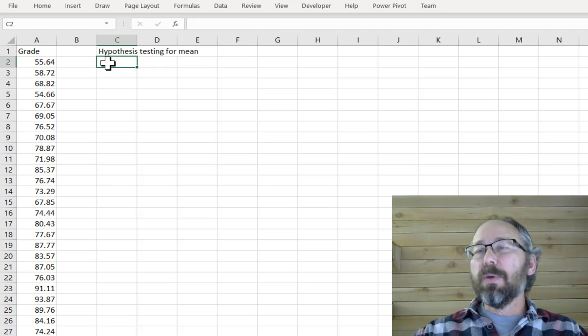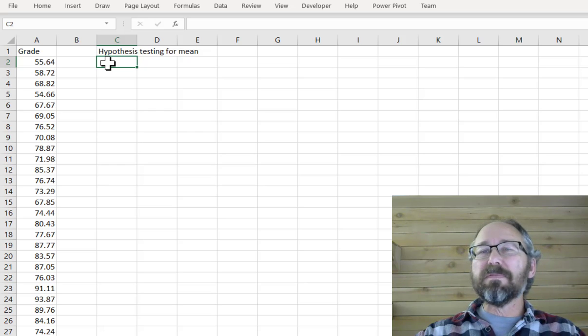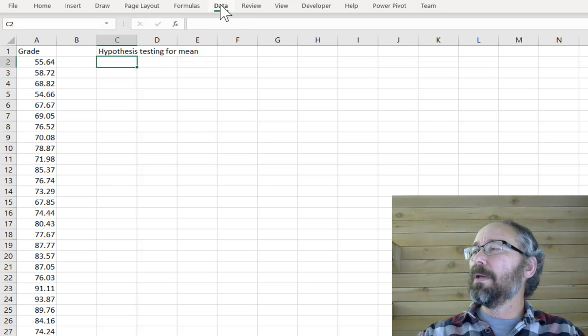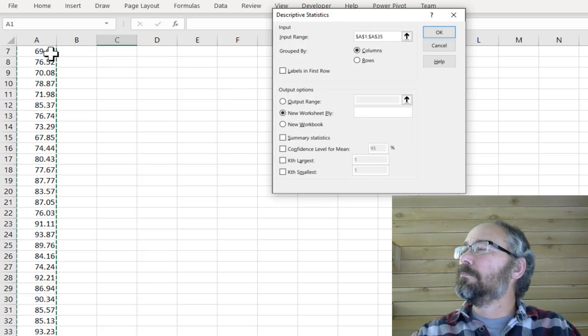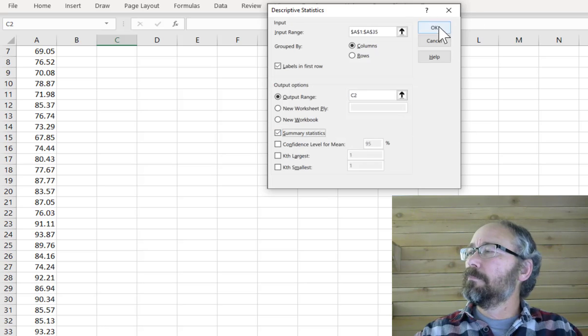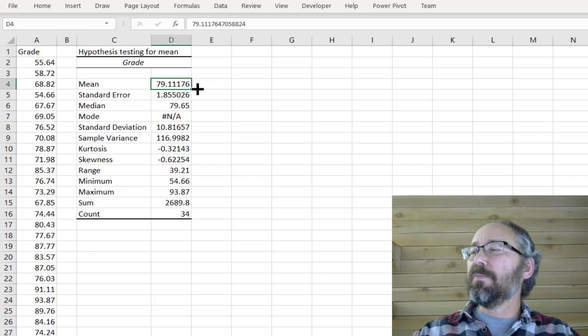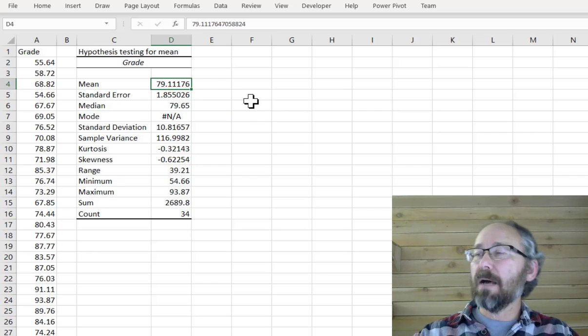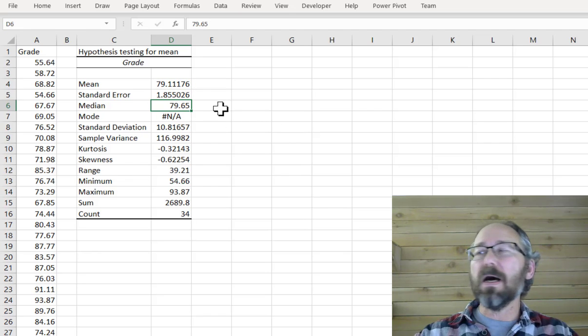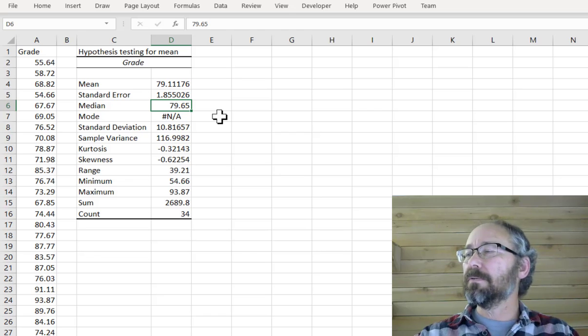Now, one of the first things we want to do is run our descriptive statistics using the Analysis ToolPak. So we'll go up here and do that. Okay, we can see from this that the mean is 79 points out of 100, or 79% if you will, and the median is 79.65, so very close, which is a good sign when you're looking at these types of things for grades.